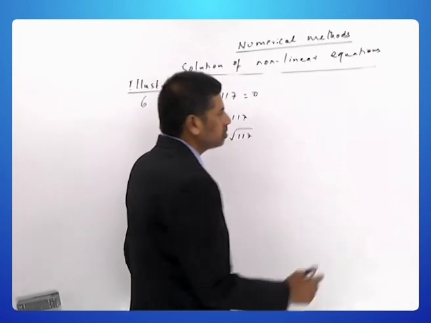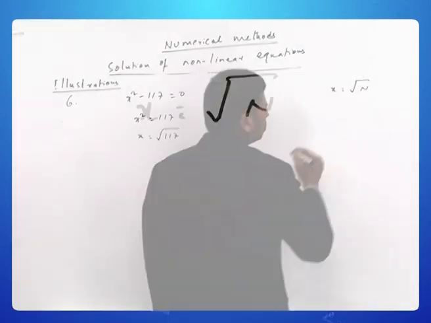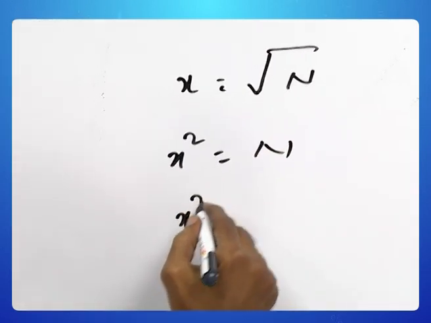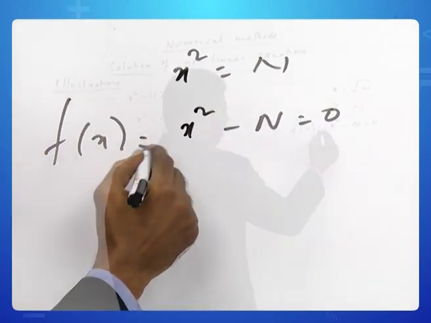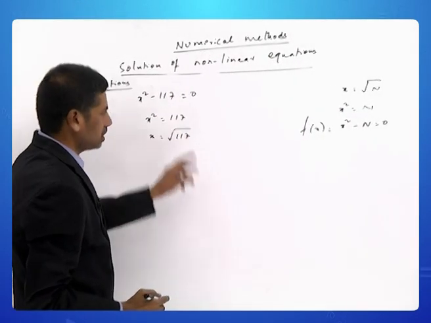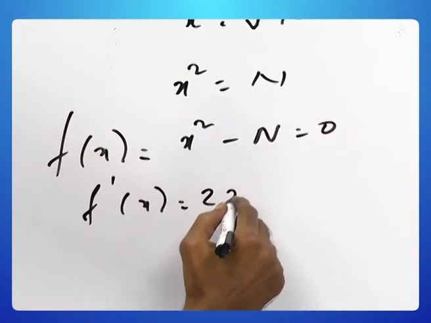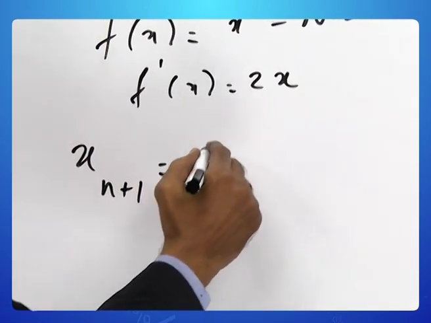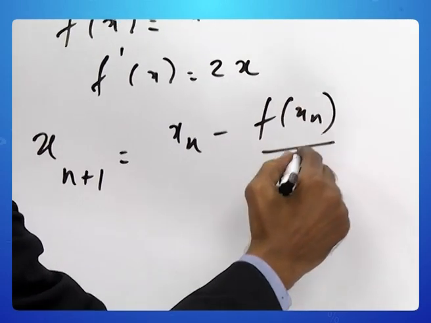So what we do is, look at this problem. x squared is equal to N, or x squared minus N is equal to 0. You call this the function. In fact, our problem is given to be like that. f'(x) is equal to 2x. So x(n+1) is equal to xn minus f(xn) by f'(xn).